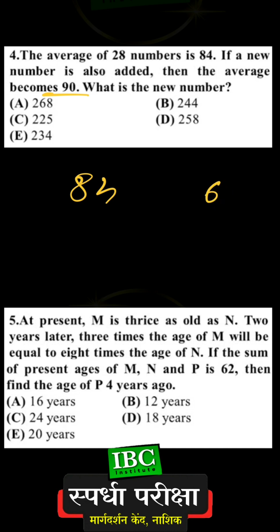So it is compulsory that the new number's basic value is 84, and if the average got increased, it has some more value in it.